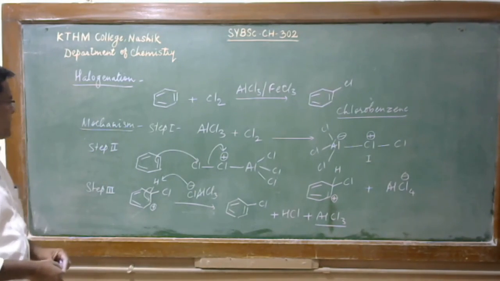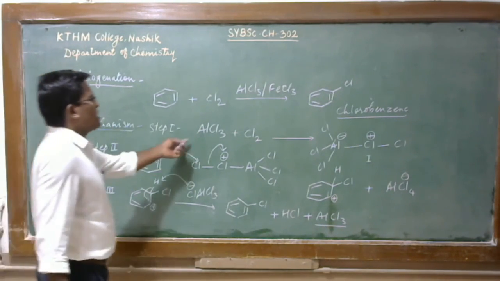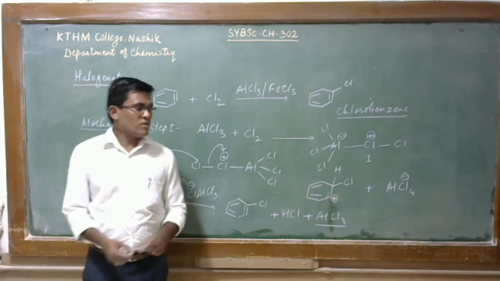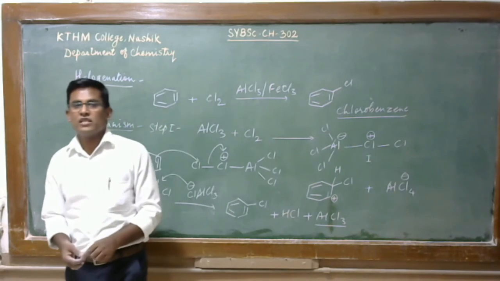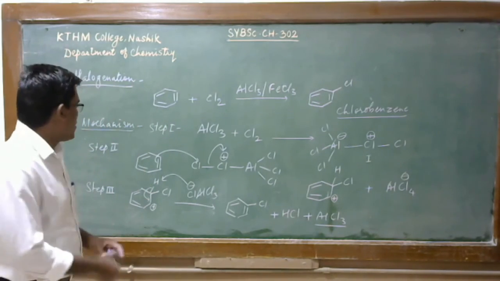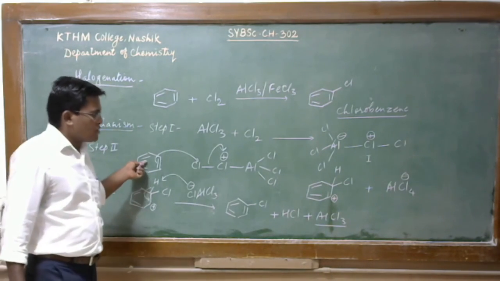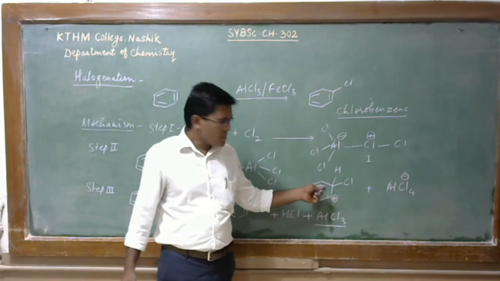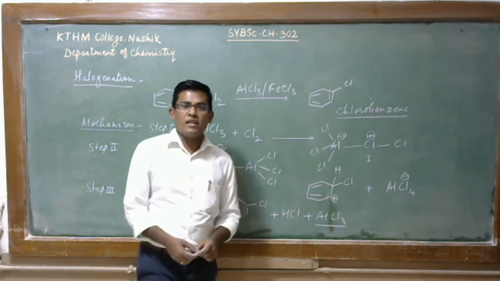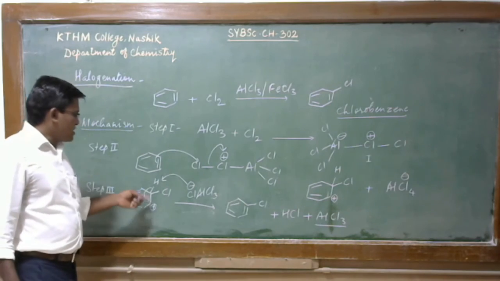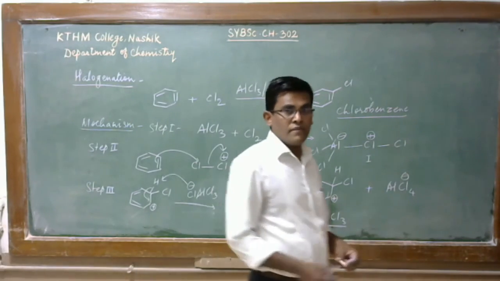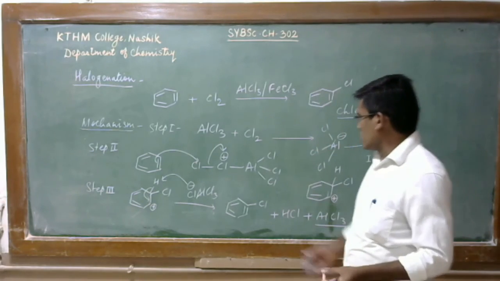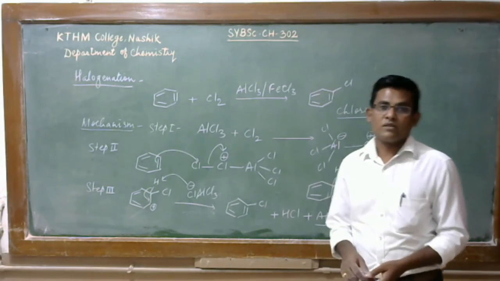In the first step, this Lewis acid will react with chlorine to give this species, and then this species will attack the benzene ring to give this complex. And finally from this complex this hydrogen gets eliminated to give this substituted product.